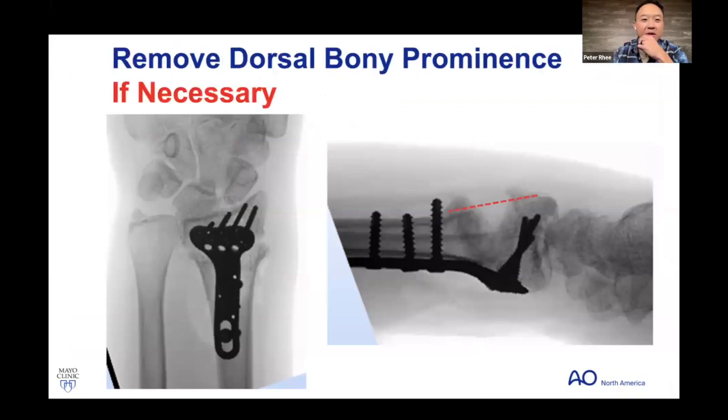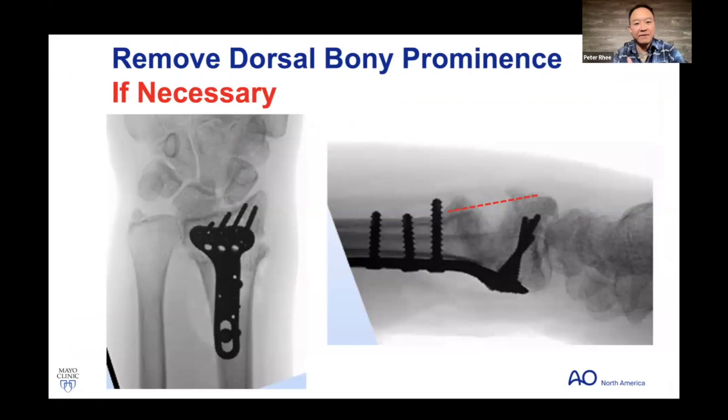Oh, you know what? What else was there? Before I get to that, another comment I want to make is that when you have these big corrections, you may have these spikes of bone that are prominent. I think Dr. Gill had mentioned the complications of extensor tendon rupture, and certainly this is an area where there's the EPL.